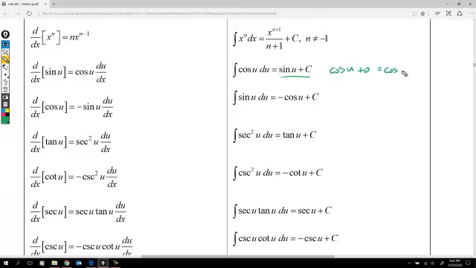So I end up just having cosine of u, which is what I have on the inside, so that should match. Because my original function could have some constant, and if you took the derivative, that constant would go away, I don't really know what my starting point is, and so I need to include that plus c.